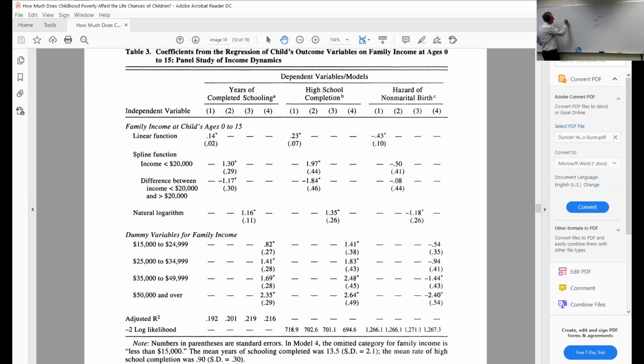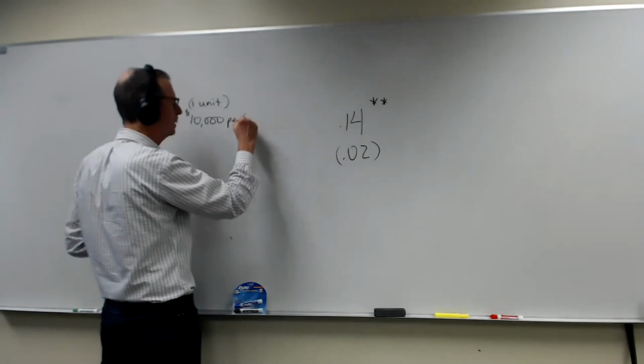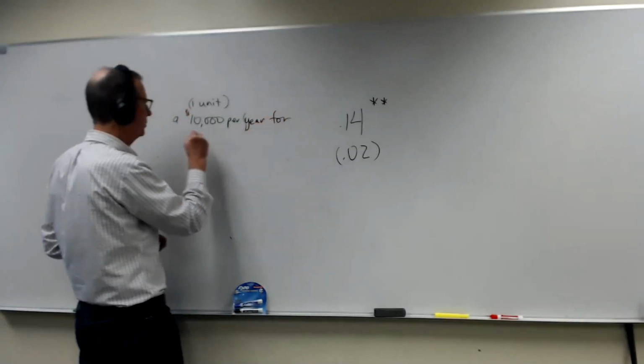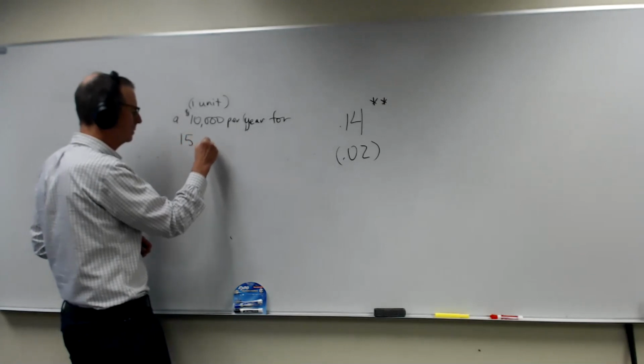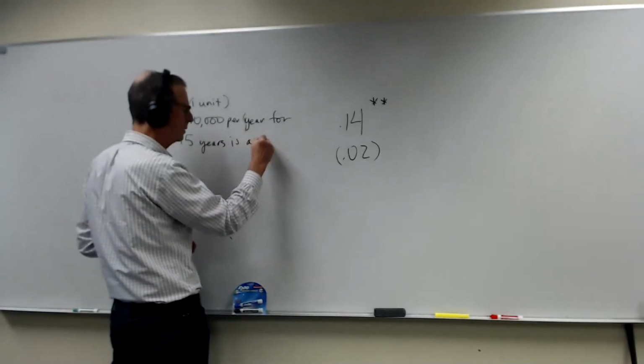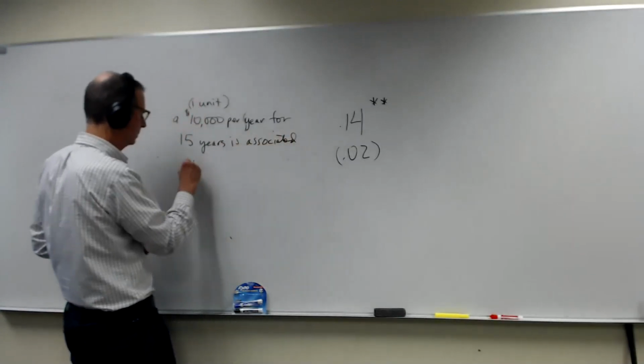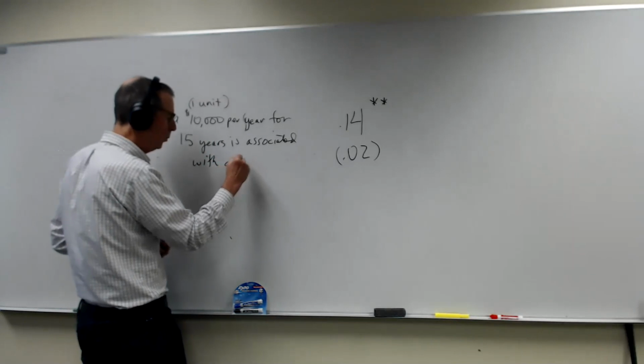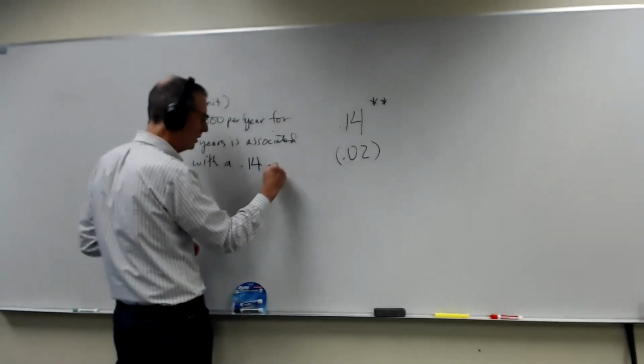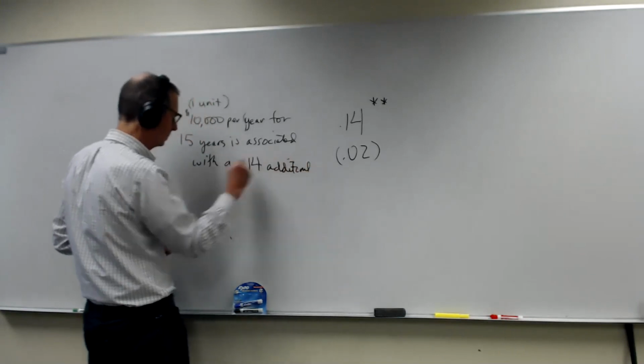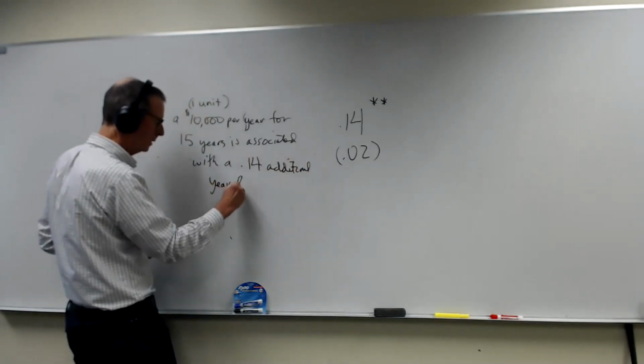It's that a 1 unit change, which is $10,000 per year, and this is averaged over 15 years, right? $10,000 per year for 15 years is associated with a 0.14 additional year of completed schooling.